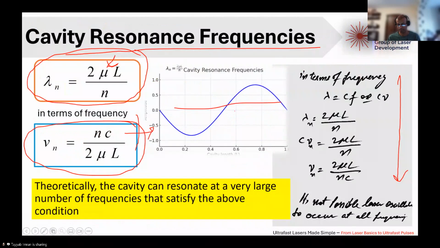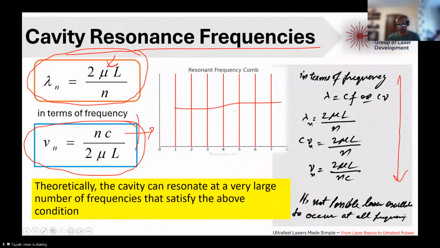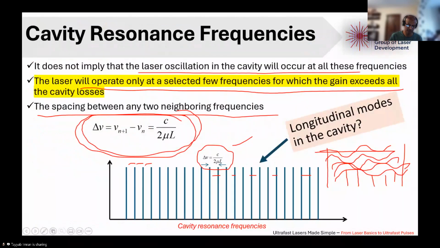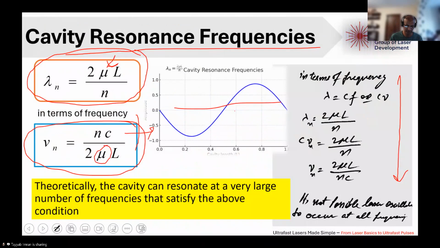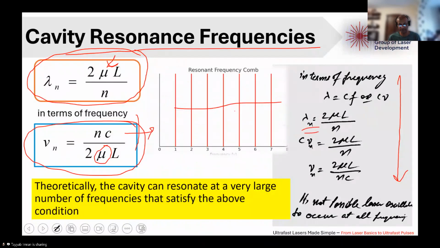If I see on the left, 2 mu by L is above, but on the right it is on the top. This mu. Just a minute. Yes, in this one, this mu. If I see the right, the formula is inverted. Yeah, because here is the lambda and here is the frequency. This formula is the same.